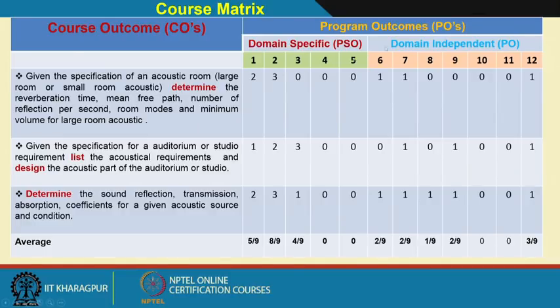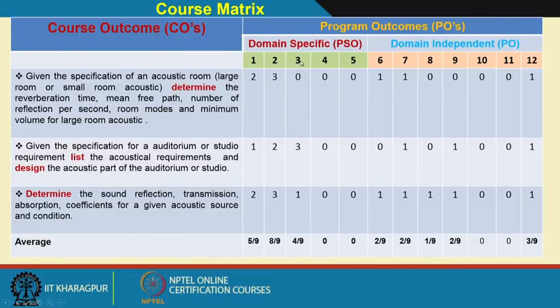On this side, you see the program outcomes. This course is designed for the 4-year BTech electronics program, so these COs are written for 4-year BTech electronics, and now there are program outcomes.